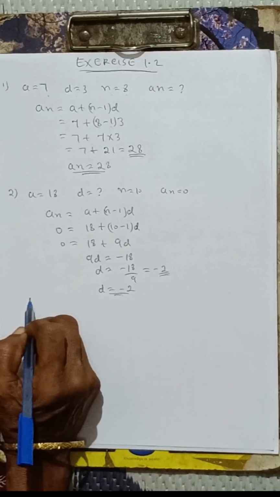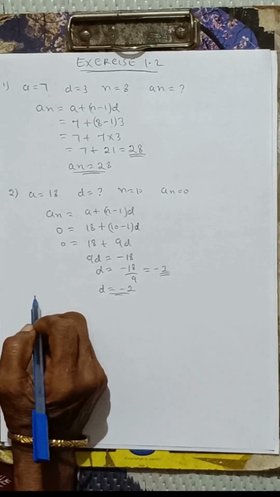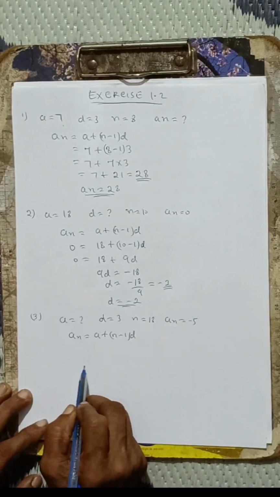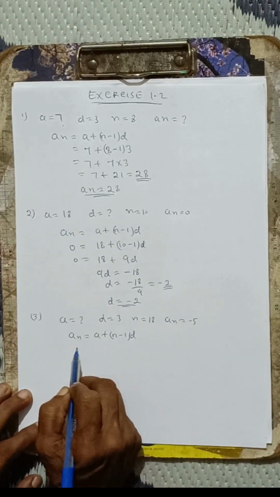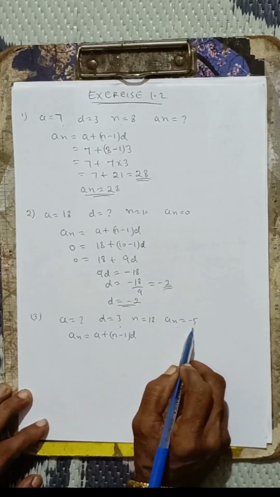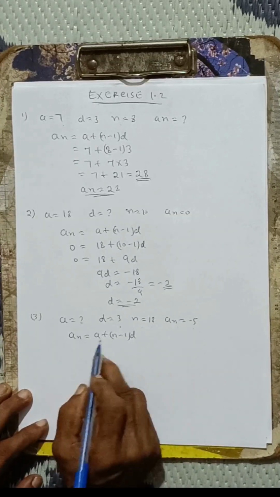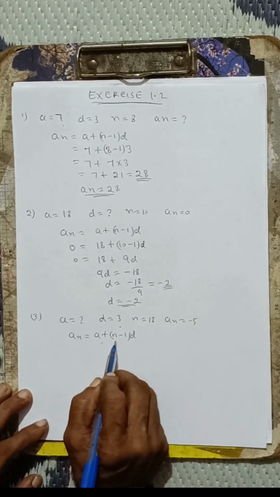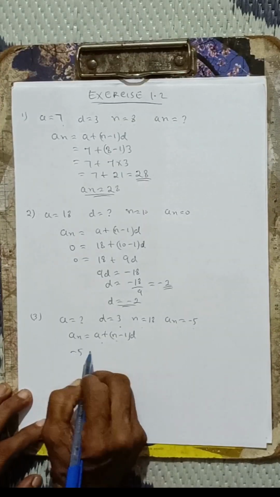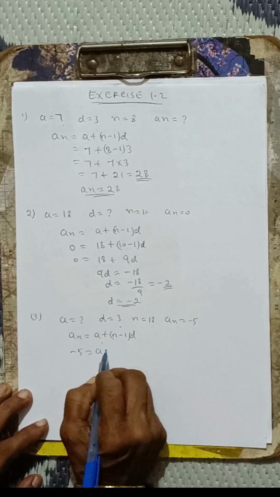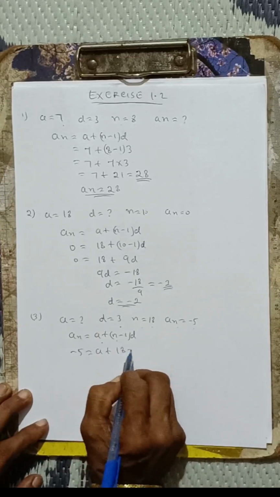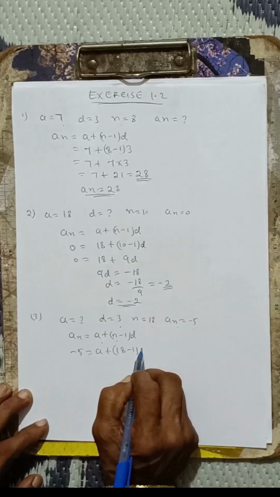Third question. a is not given, we have to find it out. d is 3, n is 18, an is minus 5. We take the same formula, an equal to a plus (n minus 1) into d. So an is minus 5, a we have to find out, n is 18 minus 1 into difference 3.